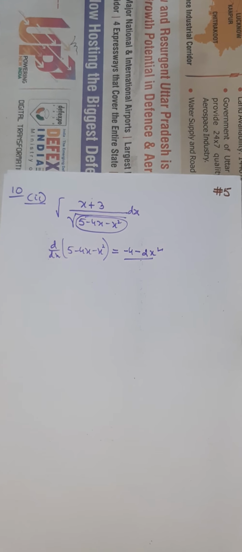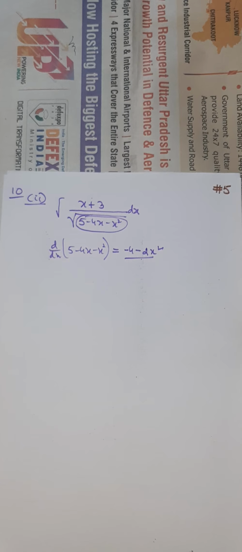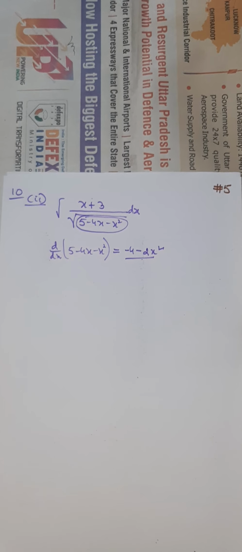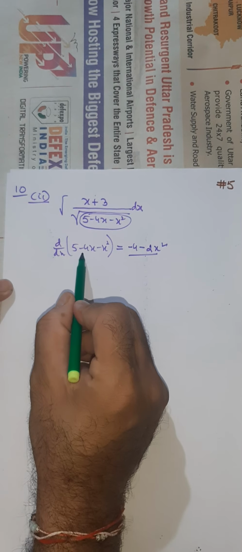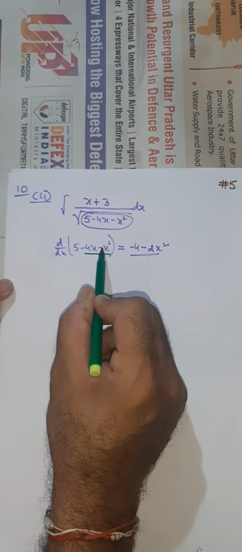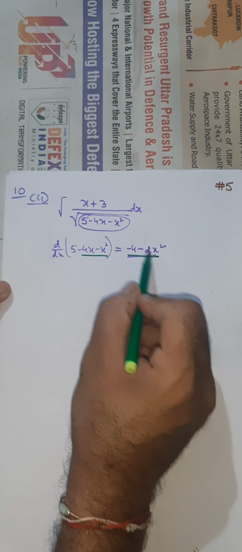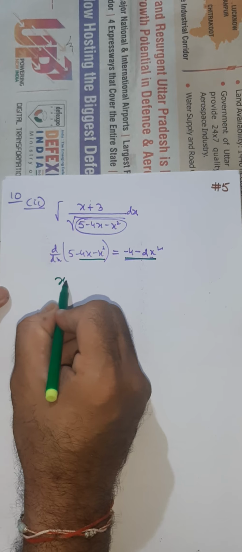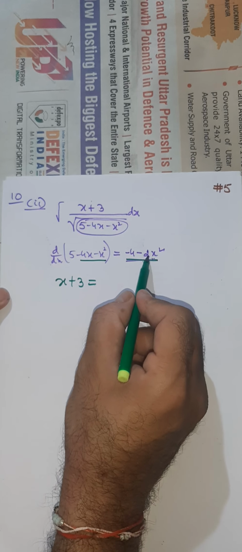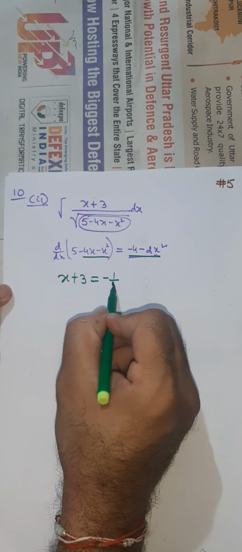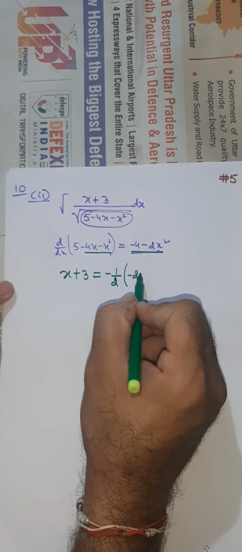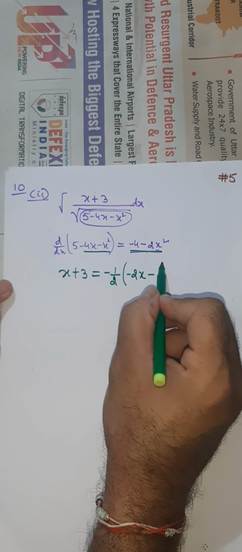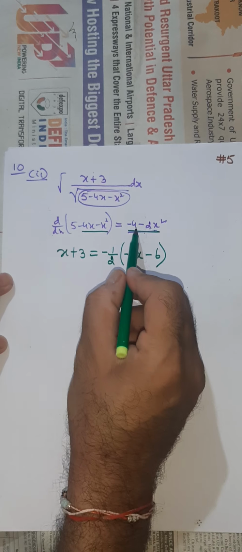First set the derivative, then split into two integrals. So the derivative of this quadratic is minus 4 minus 2x. We need to set this one over there. Your numerator is x plus 3. I need minus 2, so multiply and divide by minus 2. So minus 2x minus 6. Then what do I need? Minus 4.